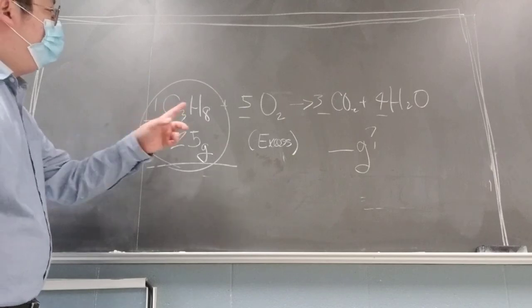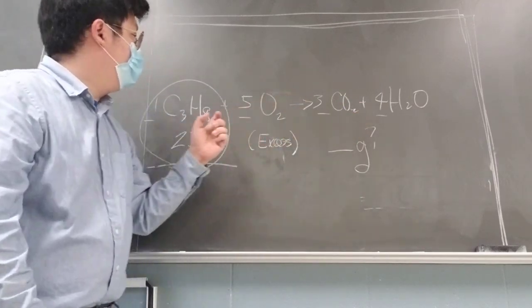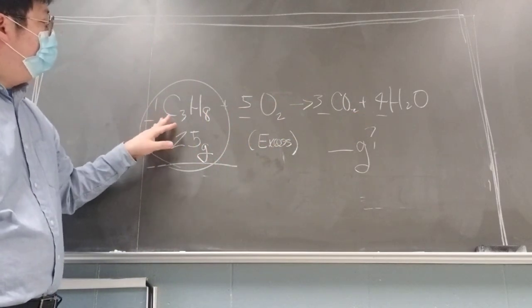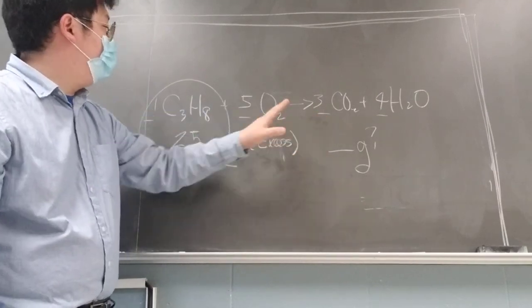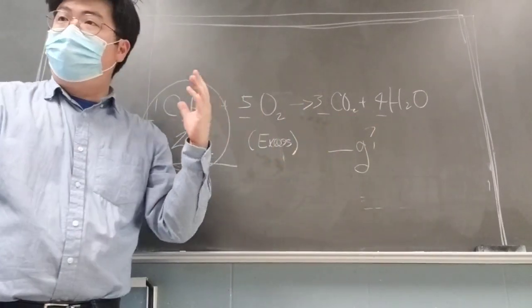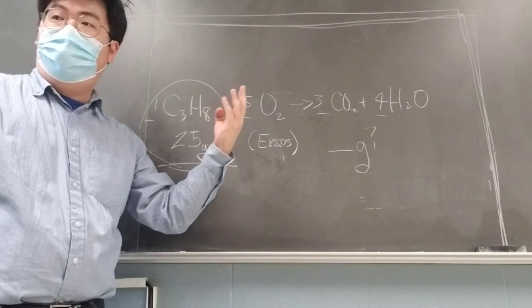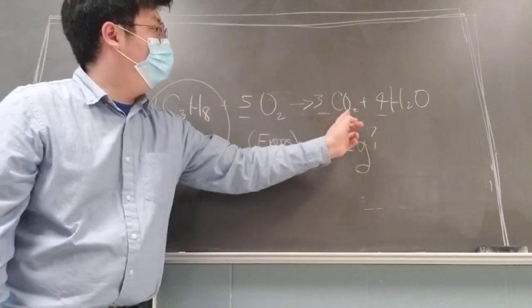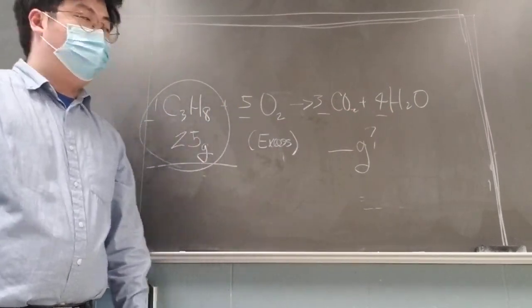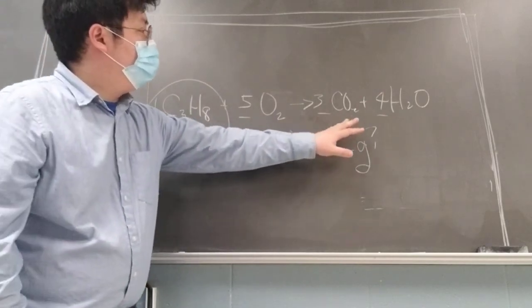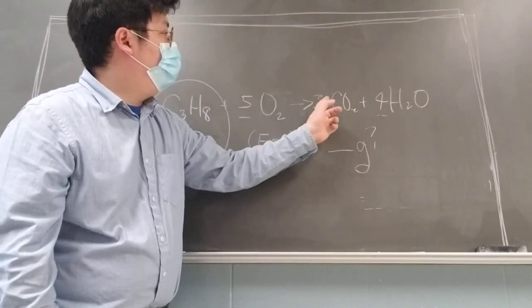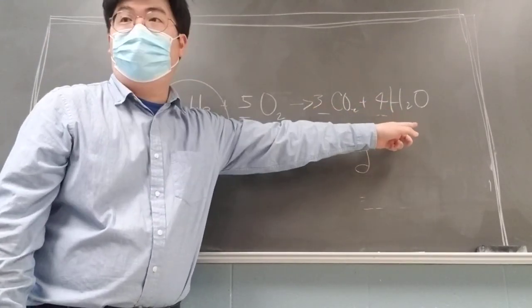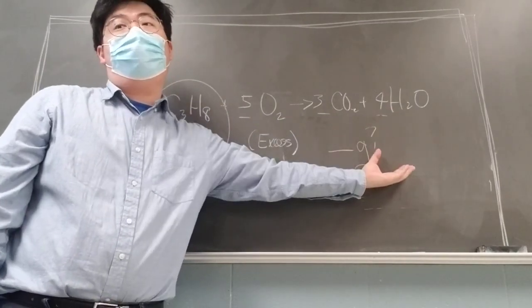So we balance this one 1, 5, 3, 4 because I put 1 over here that makes 3 carbon dioxide and 4 water. So you can match up with the 3 carbons and 8 hydrogen there. If you do that, it's pretty much the same on both sides now. And also once I've done these two, you have 3 times 2, 4 times 1, that makes in total 10 oxygen here.